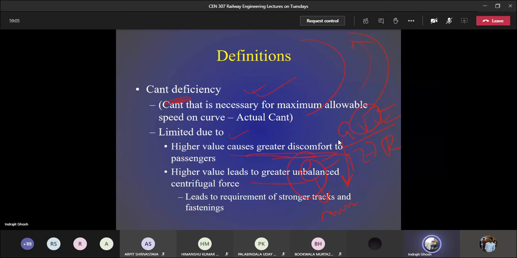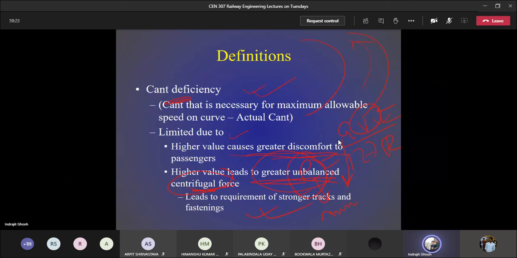Second, it will have greater unbalanced centrifugal force because you are not balancing it. So when you have unbalanced centrifugal force, you need to make sure that you have a really strong track. So how do we get a strong track?